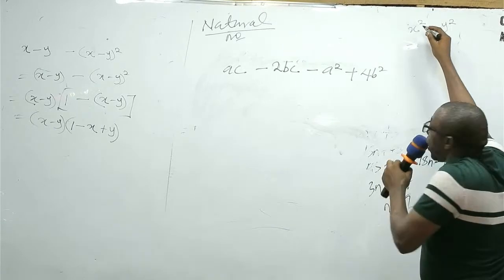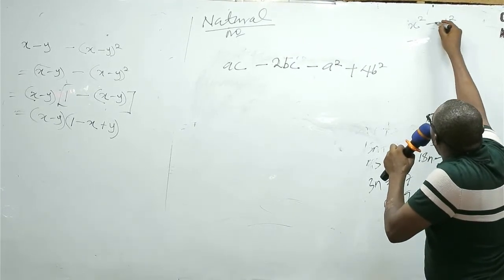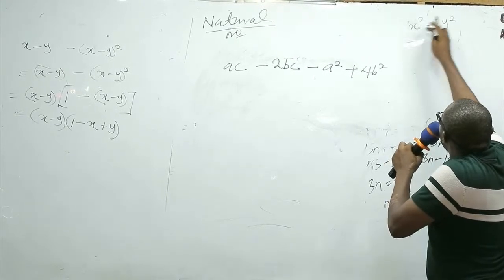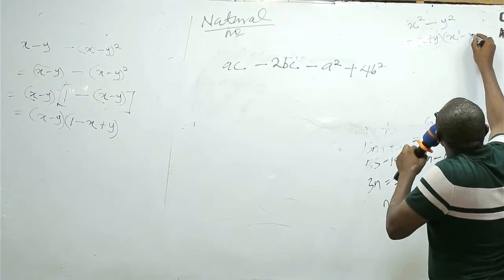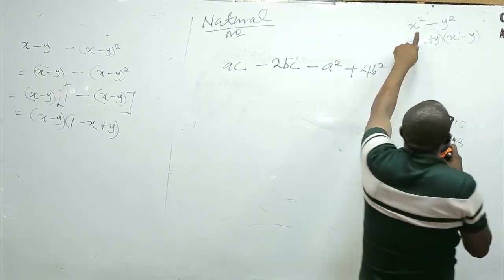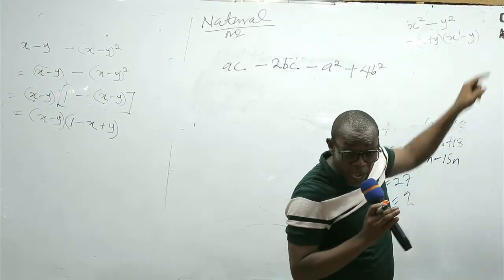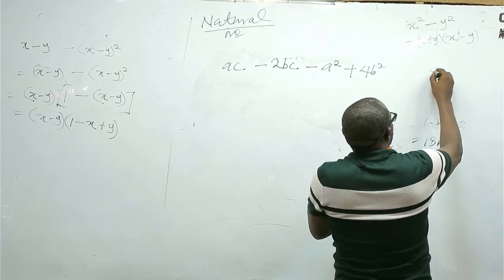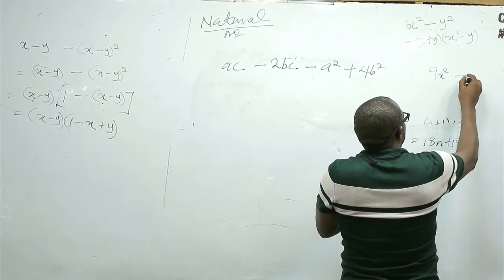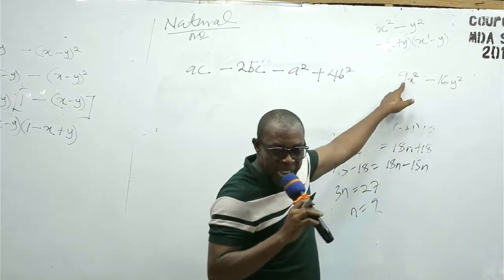All right, let's go. Can we go down? x squared, y squared, separated by what? x plus y into what? So when you have this, it is difference of what? Two squares. If I have this, 9x squared minus 16y squared. Now, what is the square root of 9?